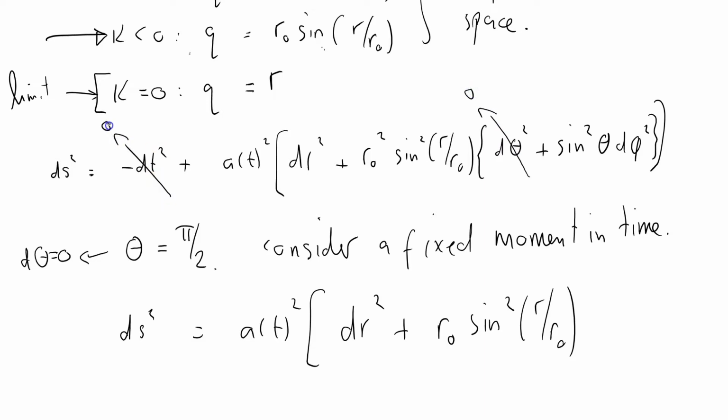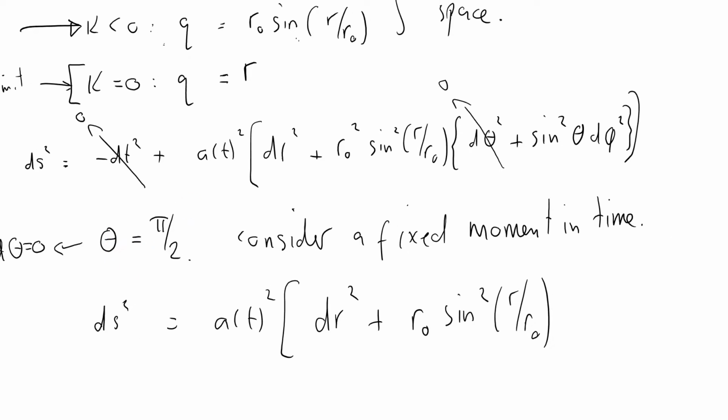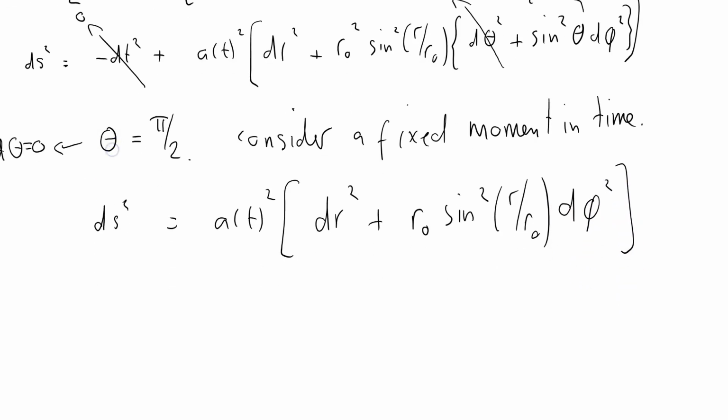So we're considering two simplifications simultaneously: a fixed moment in time and an equatorial assumption, theta equals pi by 2. Sine squared theta is just equal to 1 because sine of 90 degrees equals 1, so that just becomes d phi squared. That's quite nice, isn't it?